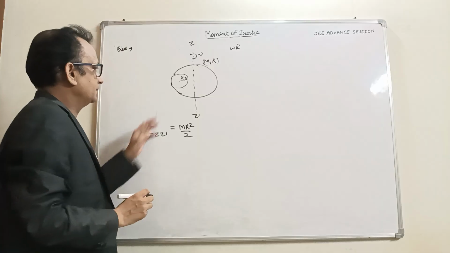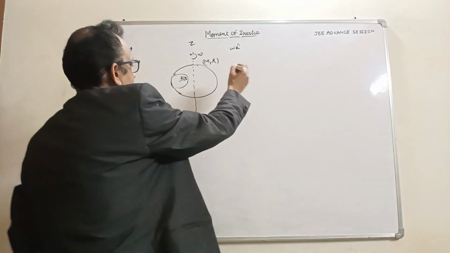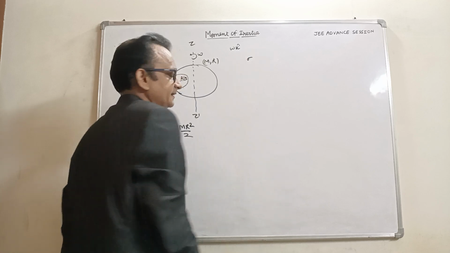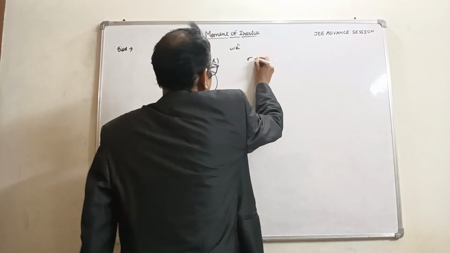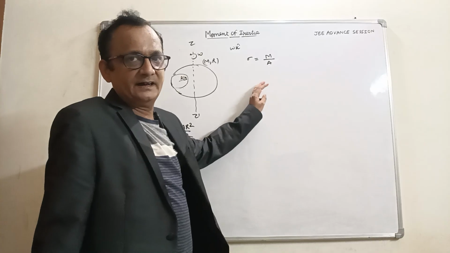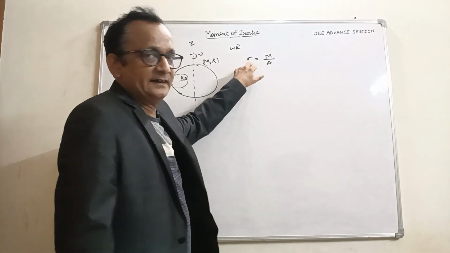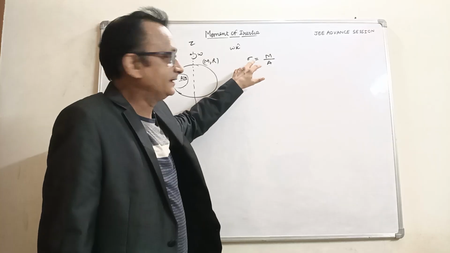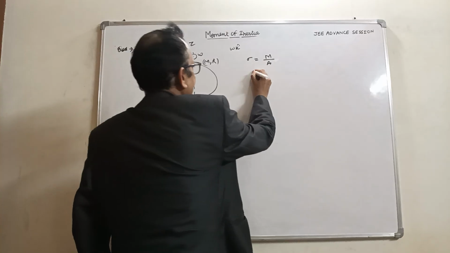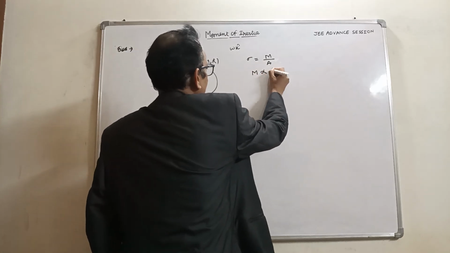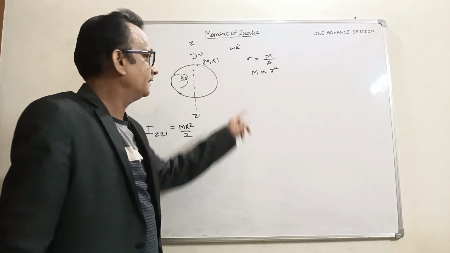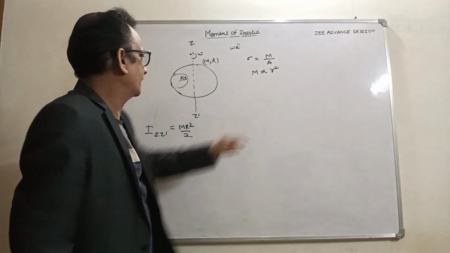We know the density, this is the areal density of the disk, m upon r square, mass upon area. So this becomes m upon a. So mass of the disk would be proportional to its radius square. Area is pi r square, so mass is proportional to r square.